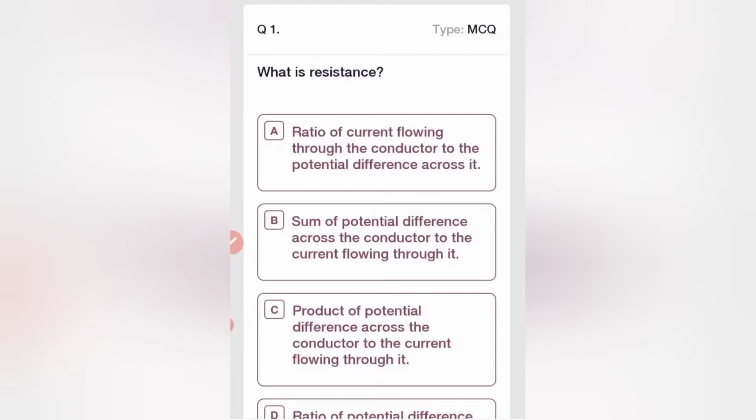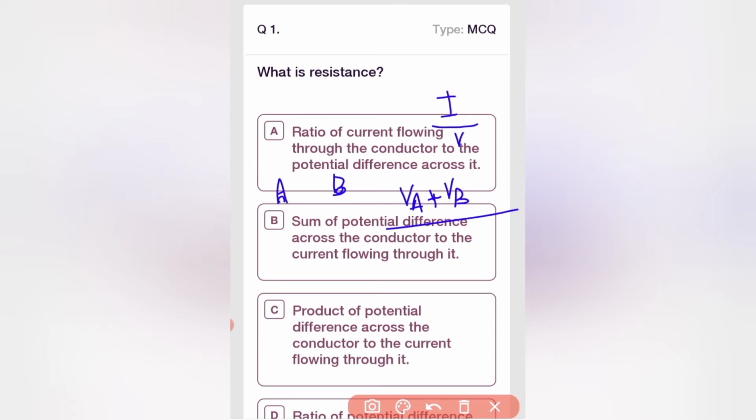What is resistance? First option, it is the ratio of current flowing through the conductor to the potential difference, given here as I divided by V. Second is the sum of the potential difference across the conductor, that is VA plus VB, where A and B are the two ends, to the current.